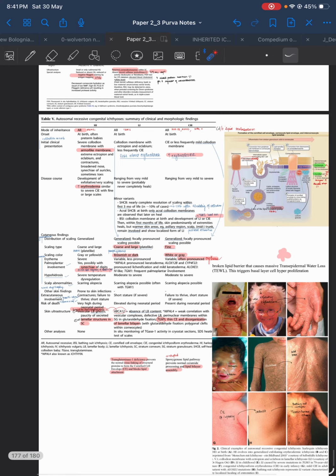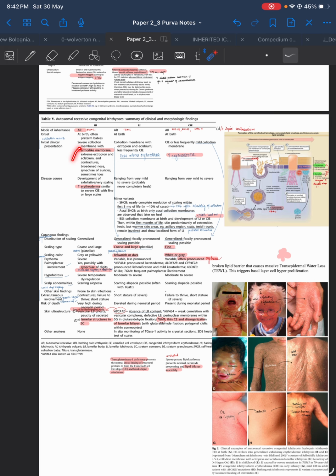They are characterized by the collodion membrane at birth. Thereafter, there will be erythroderma, which will be more intense in case of CIE and harlequin ichthyosis. Less intense erythroderma will be seen in lamellar ichthyosis.